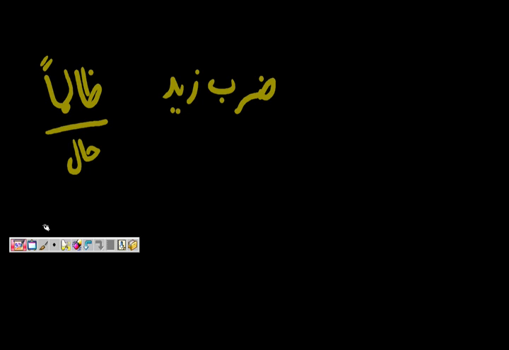Many of us use these words incorrectly. Mashkur is one word that people often use incorrectly. Mashkur is ismul maf'ul, the one who is thanked. So if you are grateful to somebody, you will never say mashkur. You will say shakir. So he was being thanked.